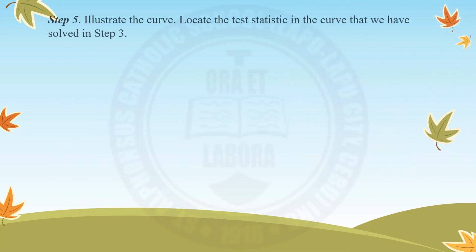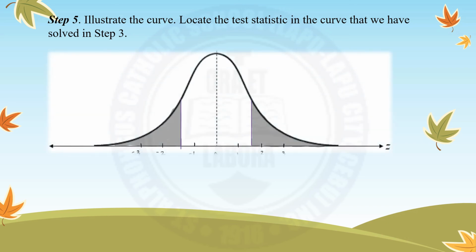For step 5, illustrate the curve. Locate the test statistic in the curve that we have solved in step 3. So this is our normal curve. The shaded parts are the rejection regions, which can be located at the left and the right tails. This is the non-rejection region, which is in between the rejection regions.